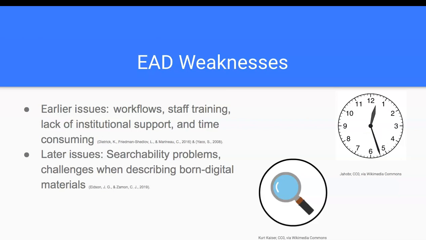If people were working on the EAD finding aids with different departments, staff training was very difficult. Sometimes institutions would not support archives in their creation of EAD finding aids, and it was also very time consuming to write the XML. With later versions of EAD, a lot of people have commented that there are searchability issues, as well as challenges describing more digital materials.